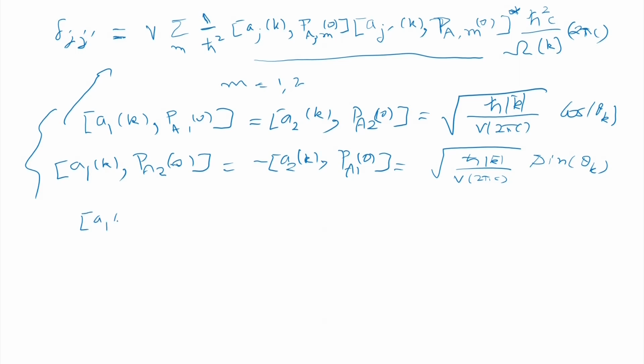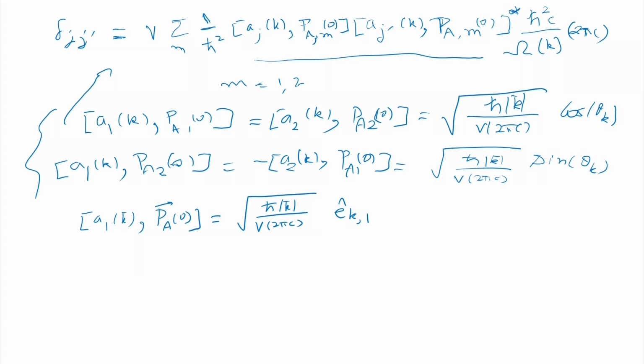So I'm going to write the commutator of A1 k vector with p vector is square root of h bar k over v times 2 pi c times the polarization, the unit vector that would correspond to the first polarization direction.